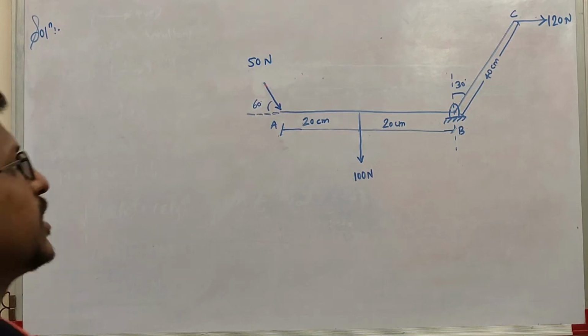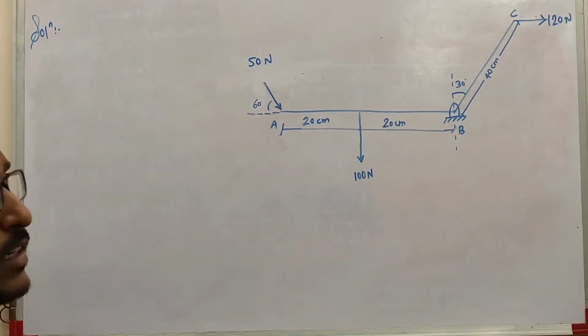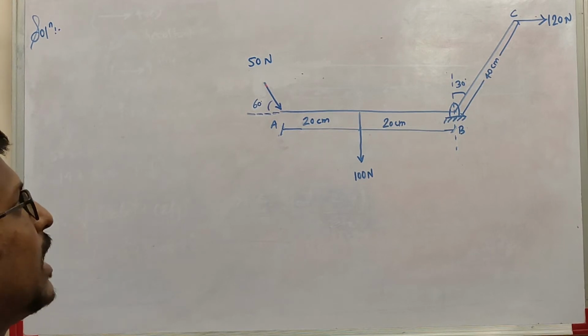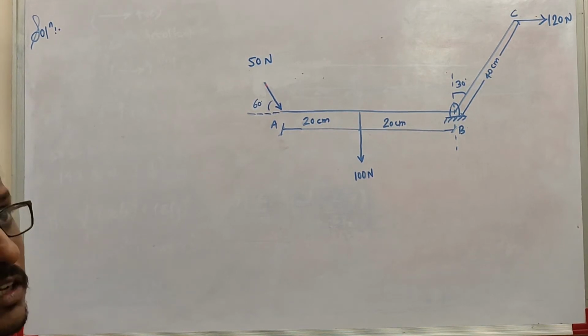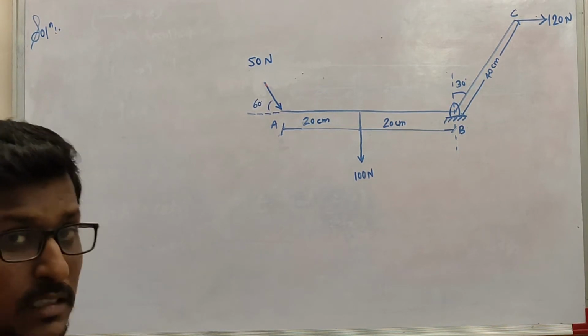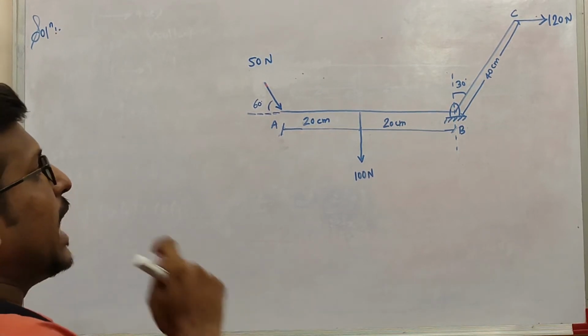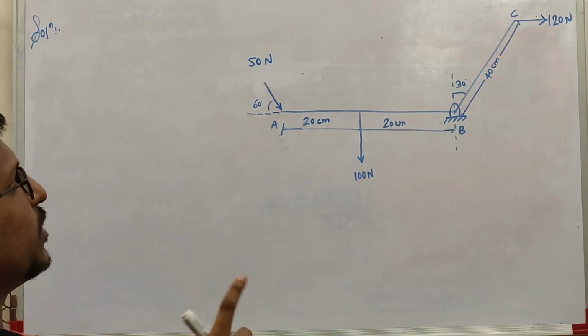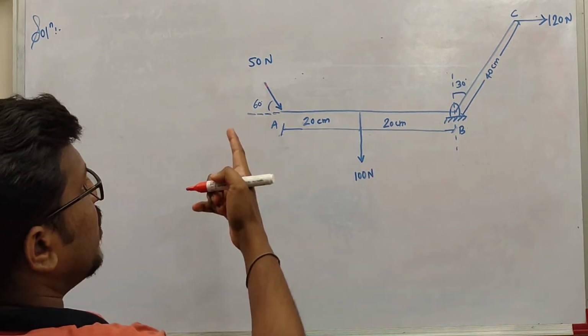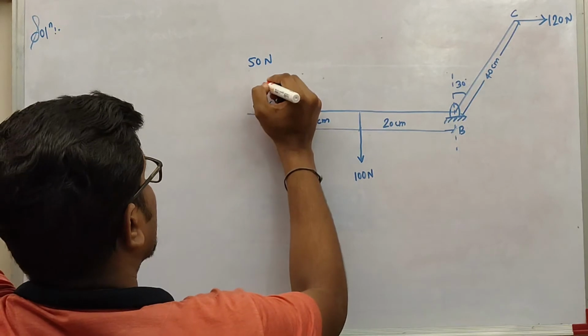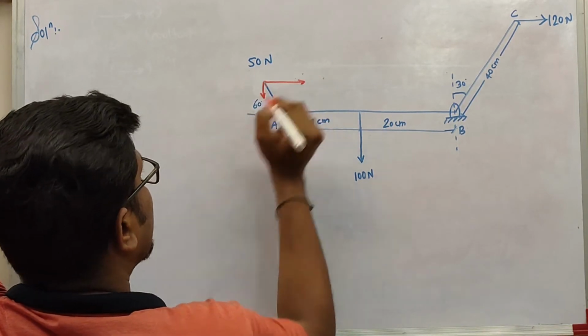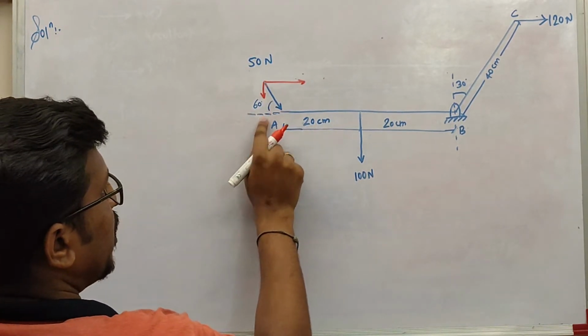The solution for this sum is such that to find the value of resultant you should note the value of summation F of x and summation F of y. Now to get these values, we'll see in the diagram. If there is an inclined force, first we'll resolve that. So here there is an inclined force of 50 Newton. So we'll resolve it into two components. Here the angle is making with the horizontal plane.